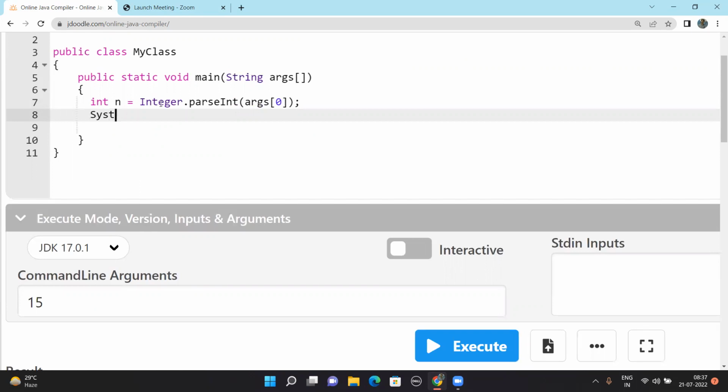Now, let us call a method which is a non-recursive method. Method name is prime. Input is n.